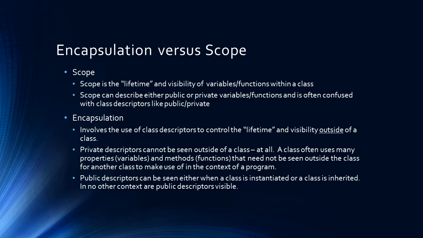alive, if you will, for their lifetime. They only exist for a brief moment and then they shut down. They no longer need to exist. In terms of visibility, they might exist within a single method or a single function, and then when that function or method is completed, they cease to exist.